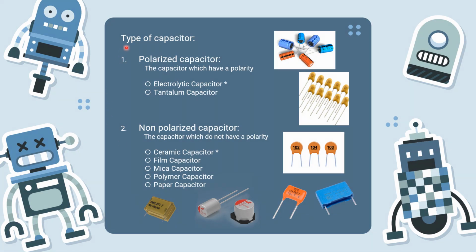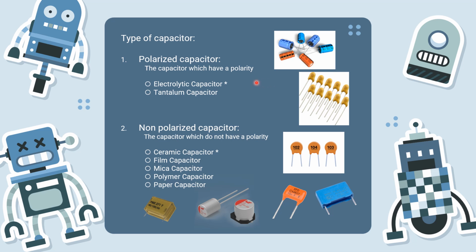We have two different types of capacitor: polarized capacitor and non-polarized capacitor. For a polarized capacitor, we should put it in the right direction in the circuit: the positive pin to the positive voltage and the negative pin to the negative voltage, and we will learn how we can identify the pins.